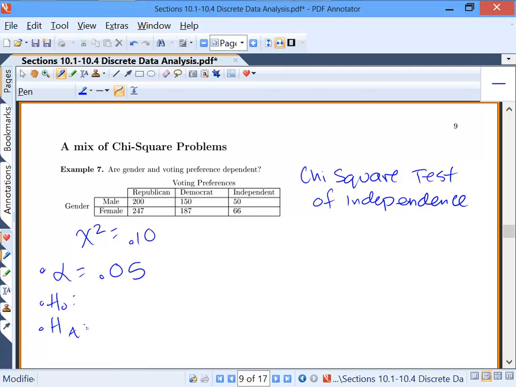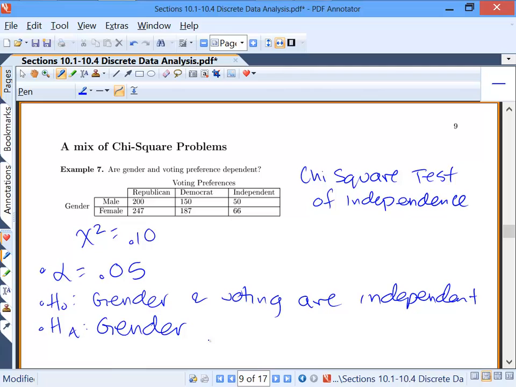What is your null hypothesis? They're independent. So gender and voting are independent. And the alternative is then gender and voting are dependent, so somehow they affect each other.